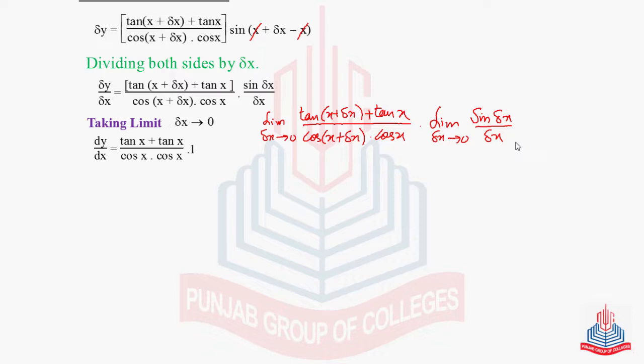So actually the limit will apply on both of these two parts separately.